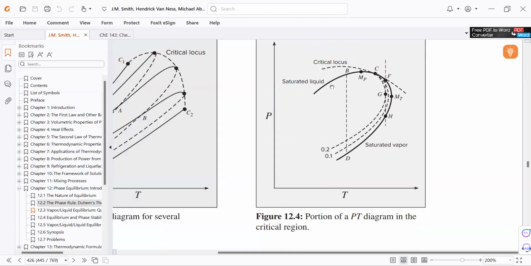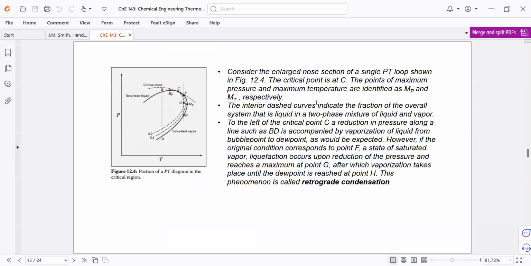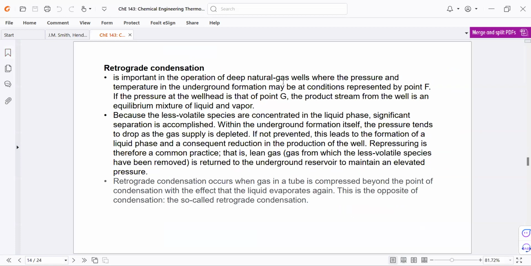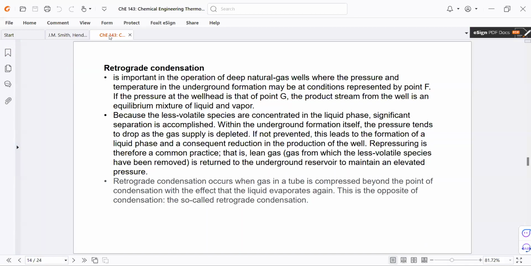And what is the significance of that? What is the application of retrograde condensation? Where do we observe it? It's usually important in deep natural gas well operations, because in these wells, the pressure and temperature in the underground formation may be similar to the conditions at point F, which is on the right of the critical point.